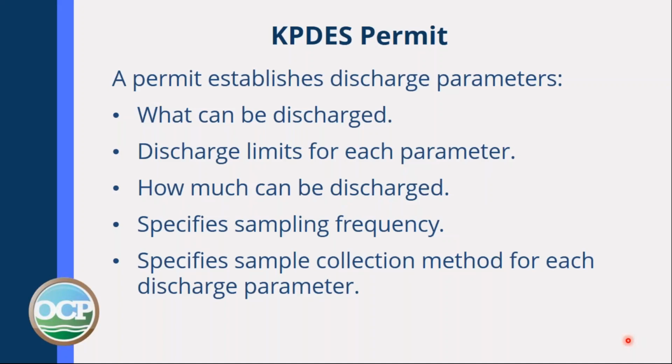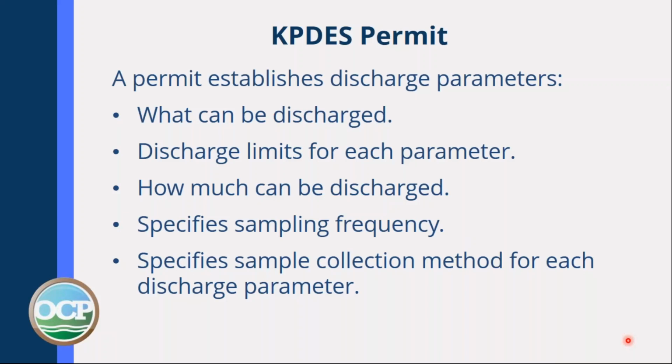So in a permit, what this will tell you is what pollutants you can discharge into the source waters, what those limits are in terms of concentration, how much can be discharged either on a daily or a monthly basis, the sampling frequency for each of these pollutants or parameters, and the collection method that you will have to use for each of these pollutants or parameters.